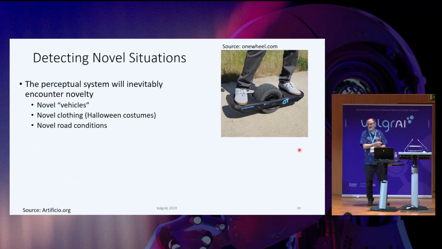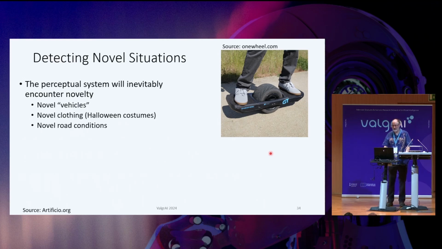This wasn't around 10 years ago. If we had built a system and trained it on the kinds of vehicles that existed in 2010 or 2014, we would have no training data for this. And yet people riding these behave in different ways than people riding ordinary skateboards or bicycles. There were also no e-bikes in those days. Now we have lots of e-bikes.